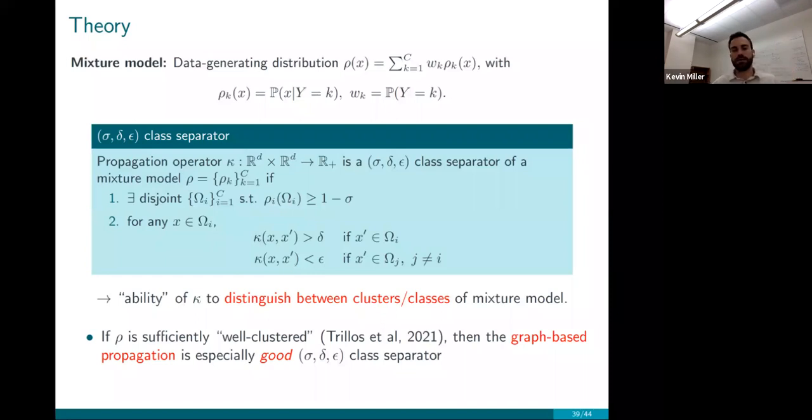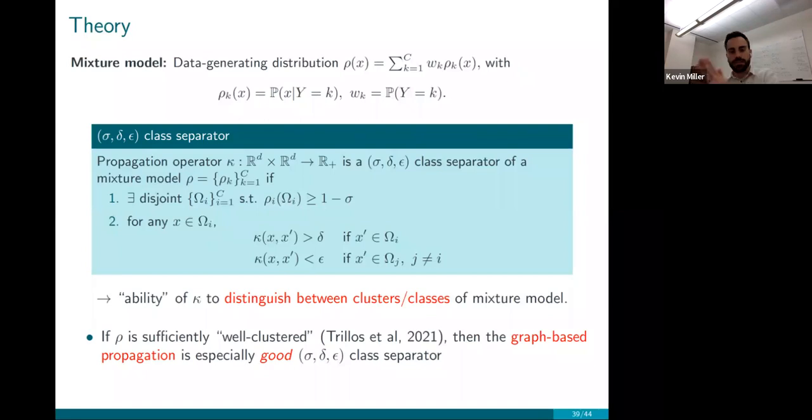This reflects the idea that kappa, this kernel, or its propagation operator, is able to distinguish between clusters of the mixture model. One of the main motivating examples for us is work by Franca and Nicolas Garcia Trillos and Bamdad Hosseini in 2021, in which they introduced for a mixture model this notion of a well-clustered mixture model.